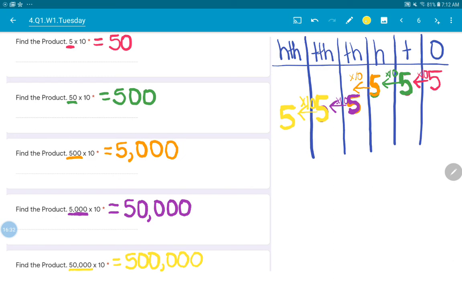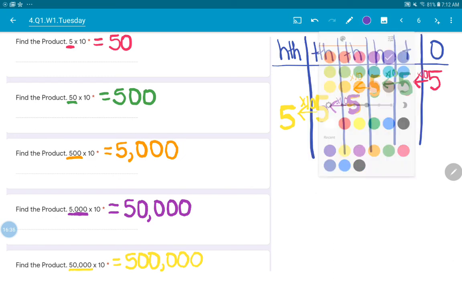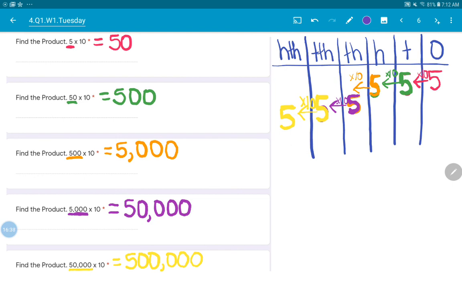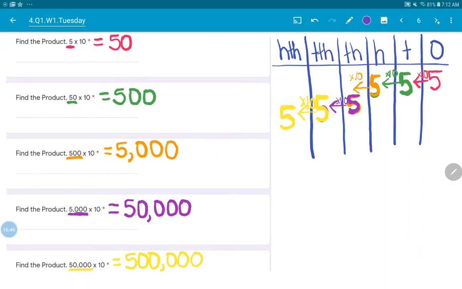Let's take a look. I'm going to switch back to blue. We'll take a look at what happened in each of our problems. If I go back to the first one, I had 5 times 10. So if I take the original 5 and I multiply by 10, I know that 5 times 1 equals 5. And what happens to this 0 from the 10?